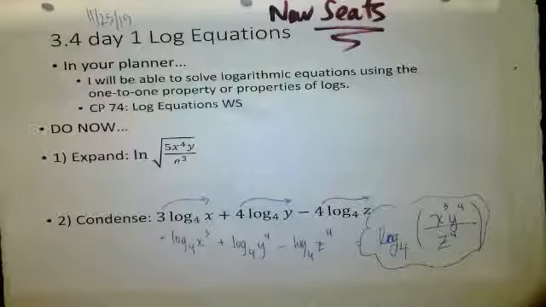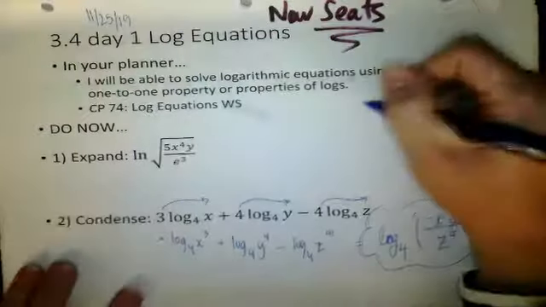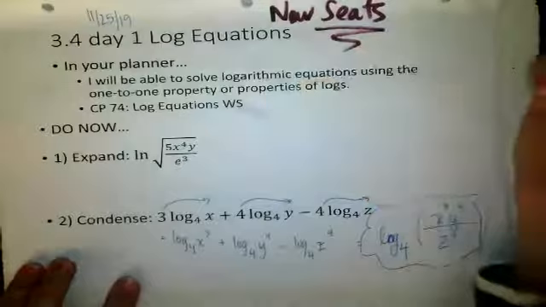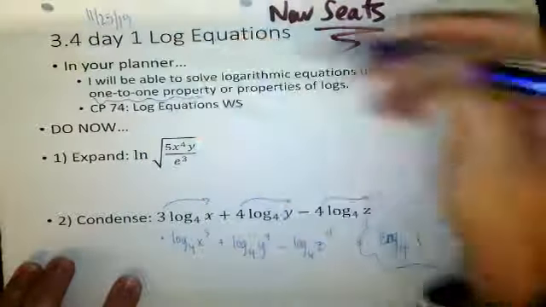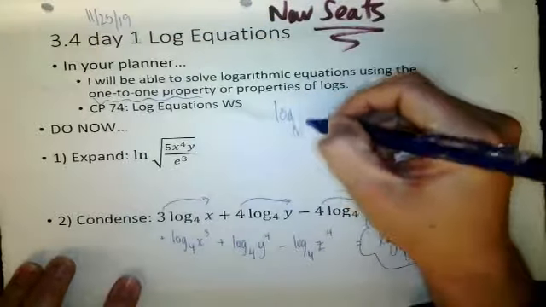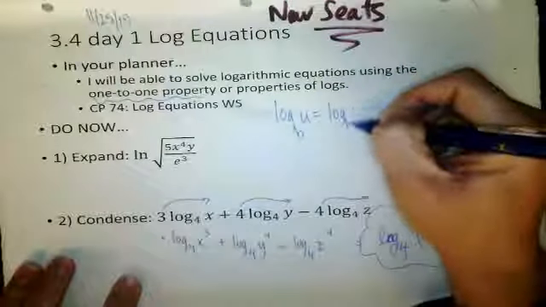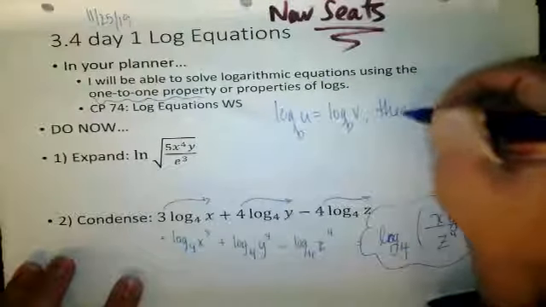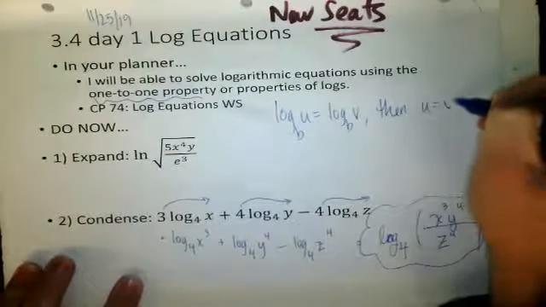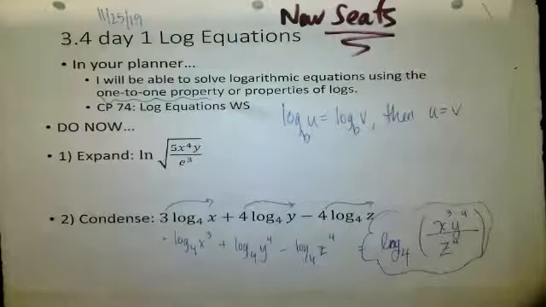Okay, so we want to be able to do that today in conjunction with the ways we've already learned how to solve logarithmic equations. One of those ways was the one-to-one property. The one-to-one property said if log base b of u equals log base b of v, then what? u equals v. If the bases match, then the arguments must match.